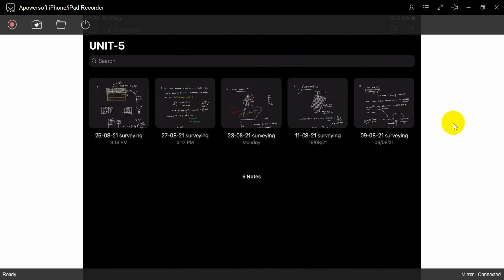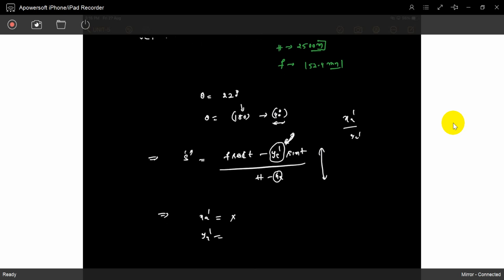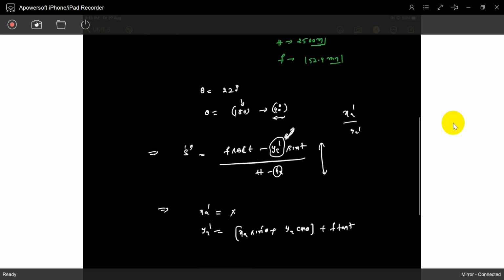So first you have to find the coordinates with respect to the tilted axis. We do not require xa, we want only ya dash. Ya dash is xa sin theta plus ya cos theta plus f tan t. That is the y coordinate.